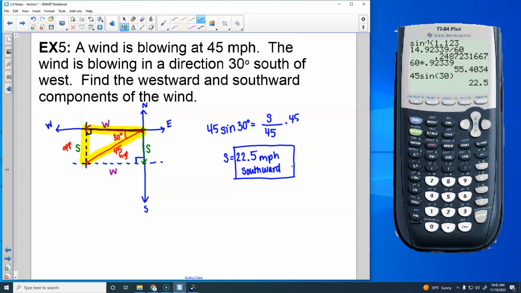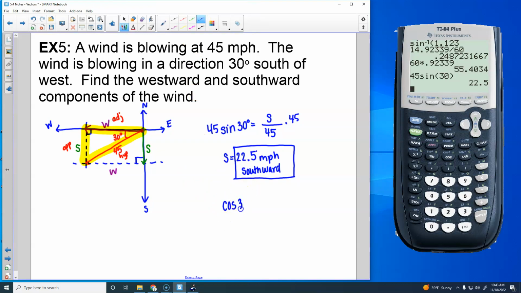Now you're going to go back and do pretty much the same thing, but with the westward side. Okay? The westward side is that opposite, adjacent, or hypotenuse? It's adjacent. So you got options here. You could do tangent because you know the opposite side now, but I would suggest doing cosine.